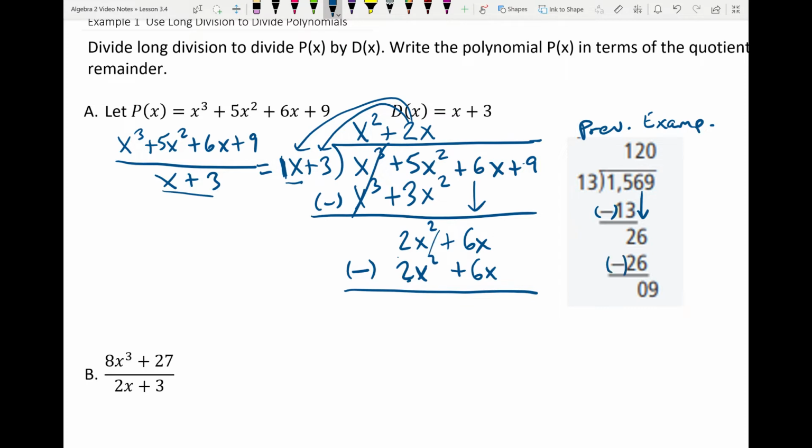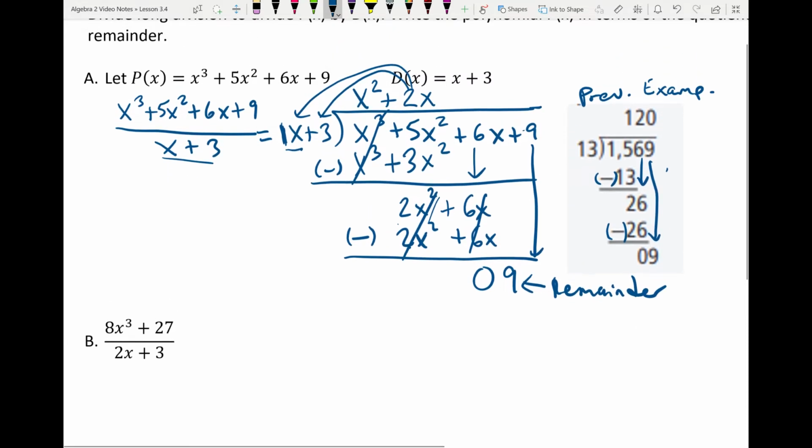These become 0 basically, right? So you got 0 here because they cancel. Then you're going to bring down the next guy. So bring down the 9. And if you look at this, well, this is a remainder, right? So this is our remainder. So now we have our quotient, right? This is our quotient.